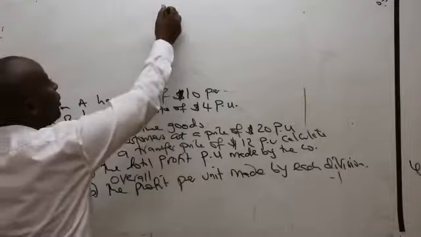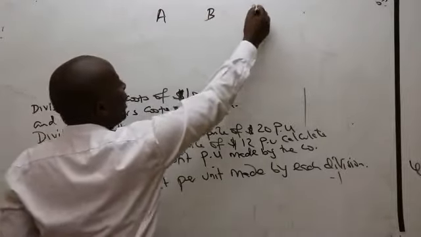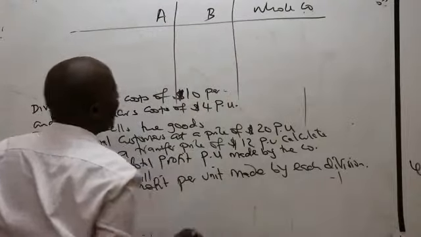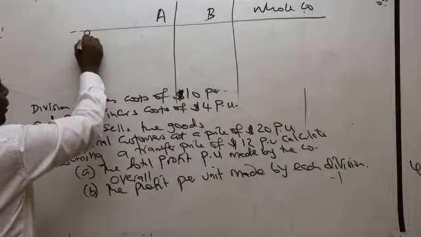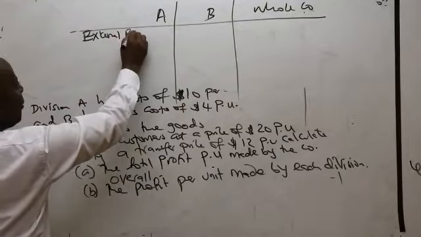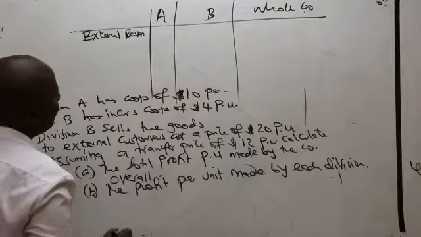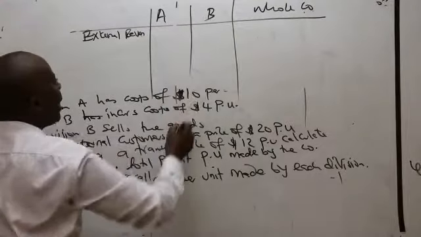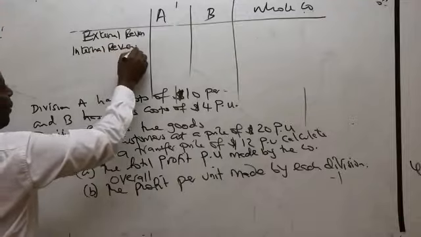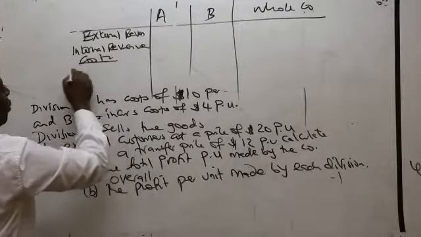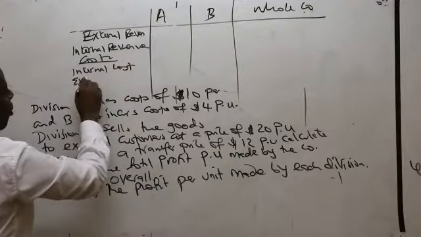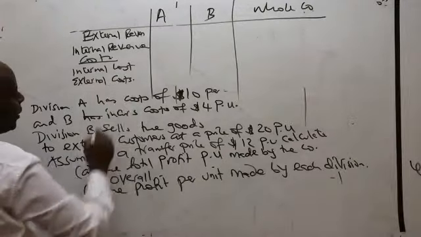So we have two divisions, A, B, and then we have the whole company. So you just come and give us the pro forma. We have external revenue, internal revenue, and then we go to costs, of which we have the internal cost and the external costs.